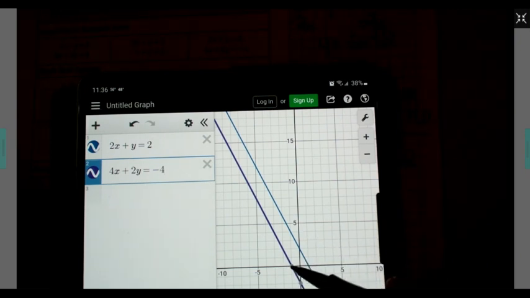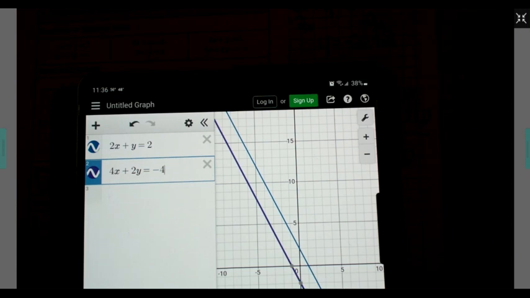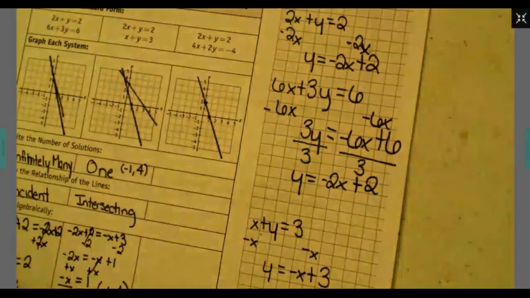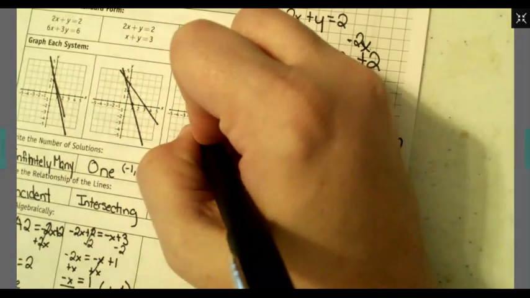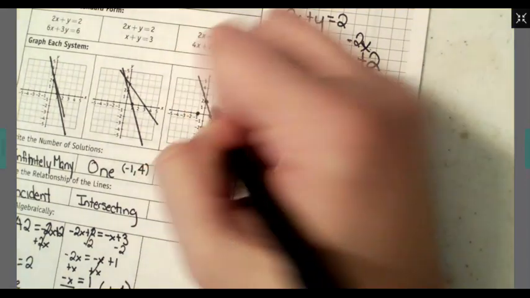Looks like I have an x-intercept at negative 1 and a y-intercept at negative 2. X-intercept here, y-intercept here.